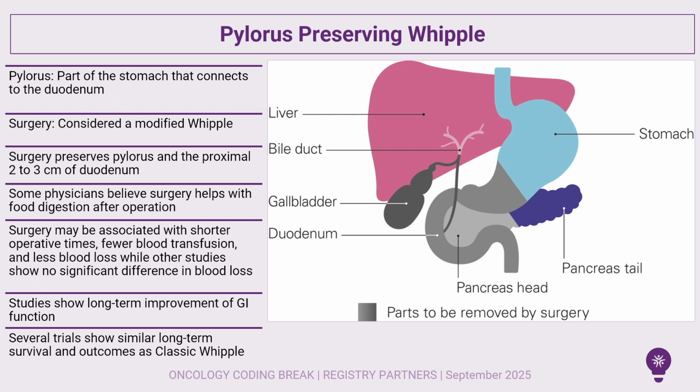The surgery may be associated with shorter operative times, fewer blood transfusions, and less blood loss, while other studies show no significant difference in blood loss. Studies show long-term improvement of GI function as well, while several other trials show similar long-term survival and outcomes as the classic Whipple.